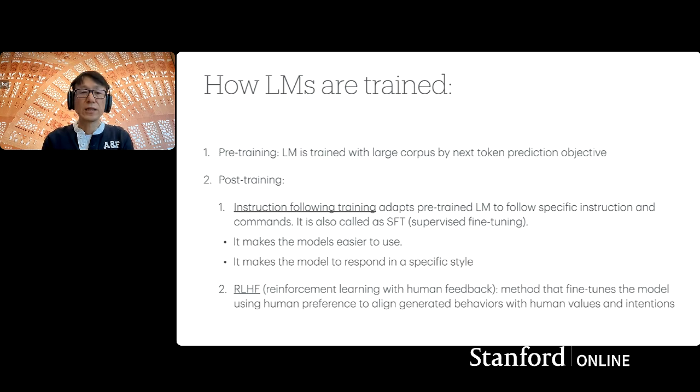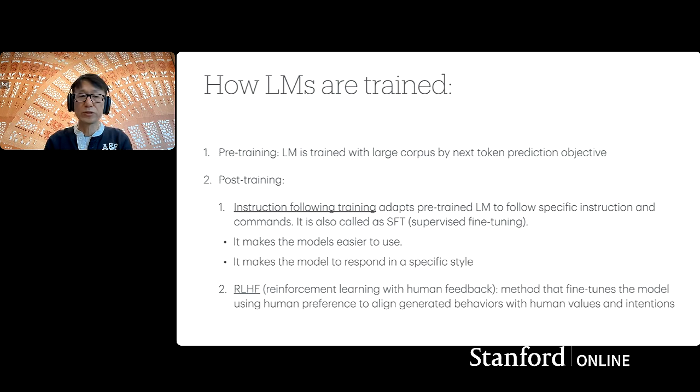Then how are these language models trained? Largely two parts, a pre-training part and a post-training part. First, the pre-training portion is where language models are trained with a large corpus, text collected from the internet or books or different types of publicly available text, and trained with the next token or next word prediction objective.